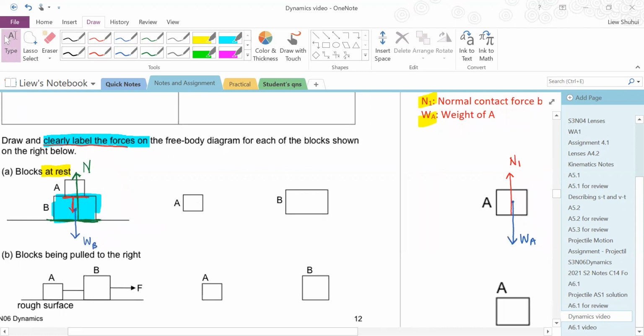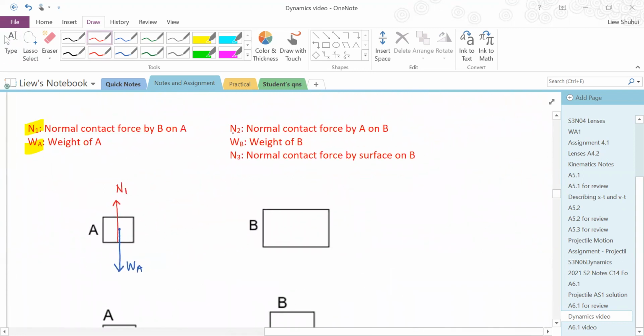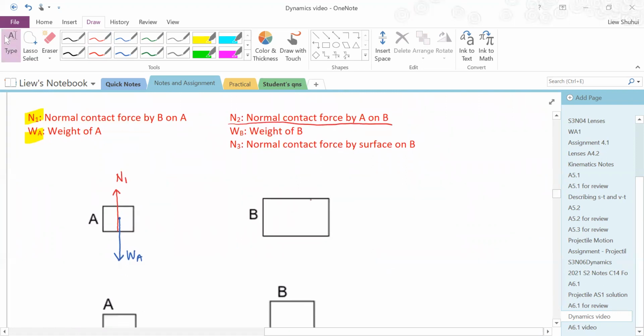Now let's label all these forces. I'm going to call the normal contact force by A on B N2. N2 is in this direction, vertically downwards. In fact, N1 and N2 should have the same length because they are an action-reaction pair.